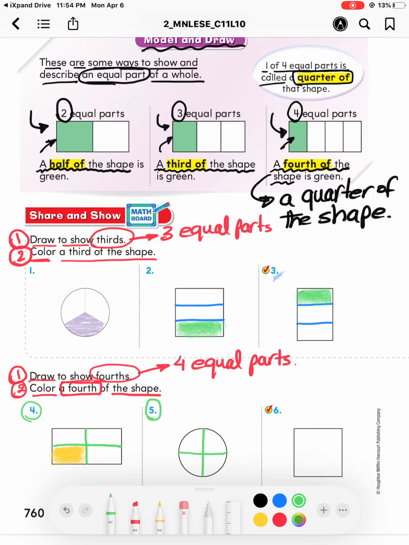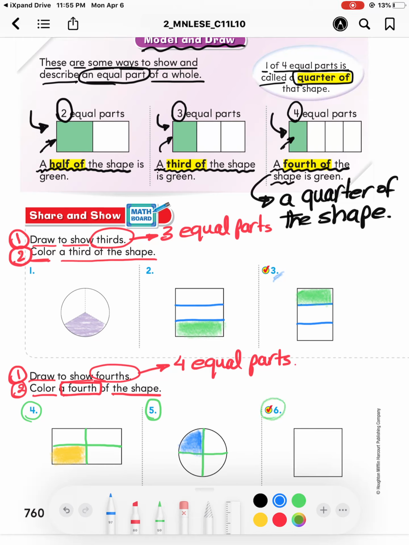Then we have to color a fourth of the shape, only to shade one equal part of those 4 parts, which is a fourth of the shape. So we will color only a fourth of the shape, like this. Okay, good job.